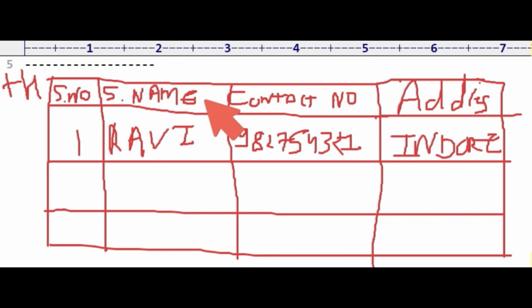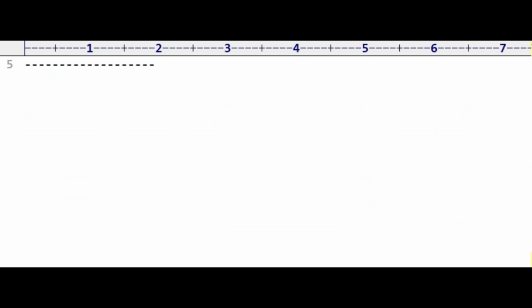How can we create this type of table in HTML? It's very simple. We require to use the table tag. Remember, we require to use the table tag here. Within the table, what things do we need to refer? Okay, we will see this.